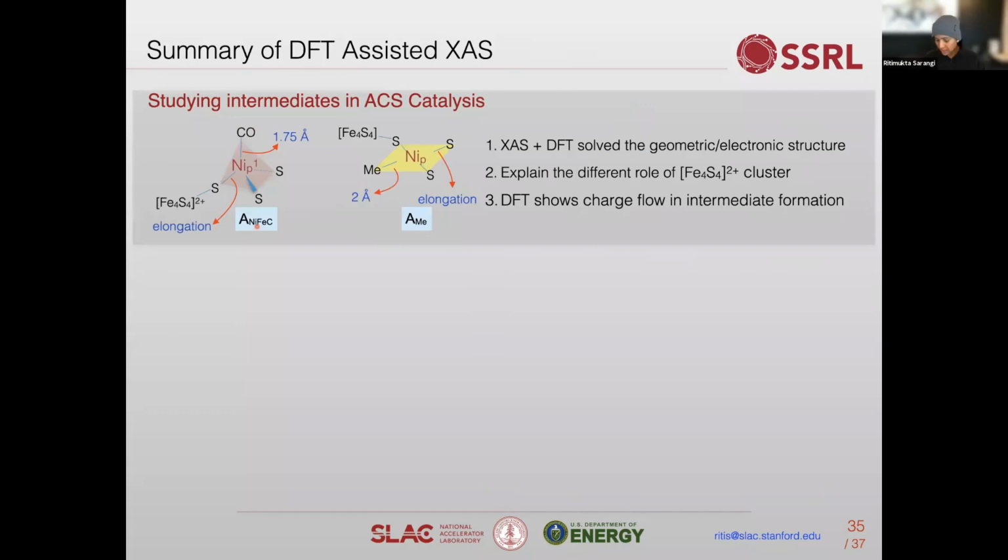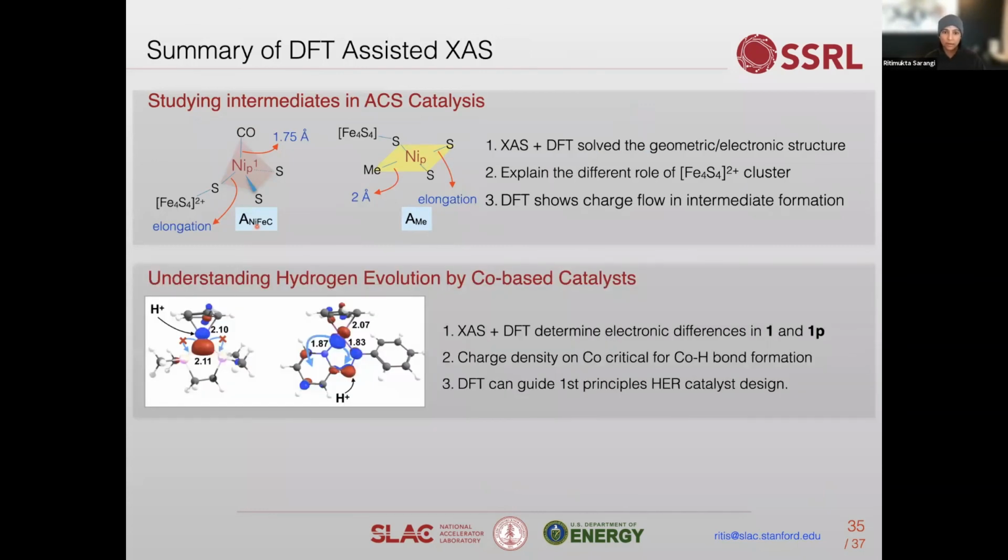So, I'm completely out of time, so I'm just going to summarize by saying we looked at the ACS Catalysis work, and then we looked at hydrogen evolution by a cobalt-based catalyst. What we've done is design a first-principles electrocatalyst that would work really well, and Bob has tried to synthesize some of them with some success, but I don't have time to talk about that.